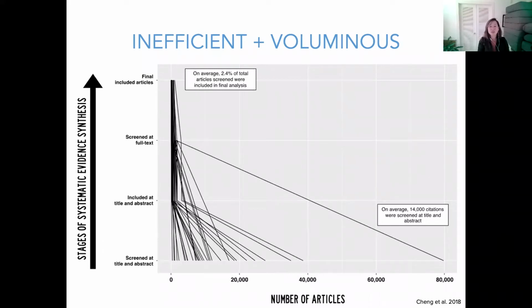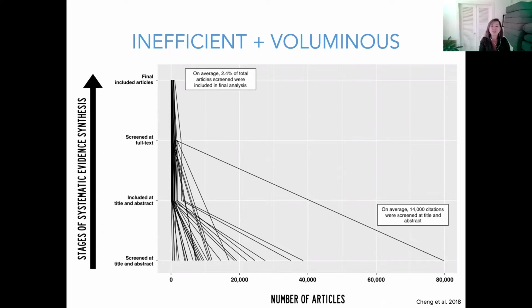And so we conducted this analysis of published systematic maps and reviews in the Journal of Environmental Evidence. And we found that on average, authors were reading about 14,000 citations, but ultimately only including about 2.5% of those in their final analysis.